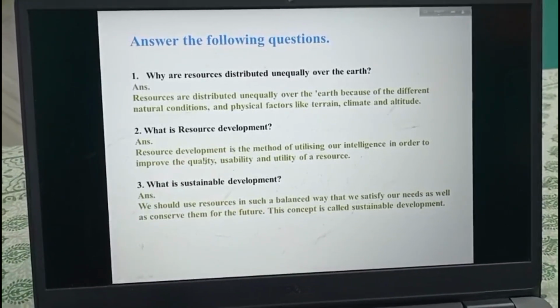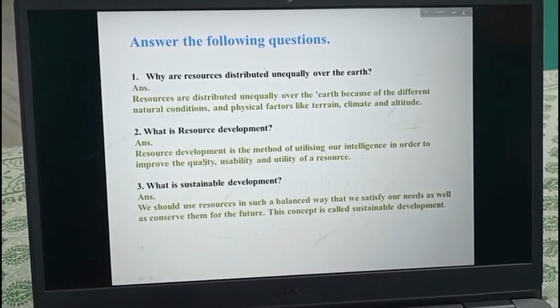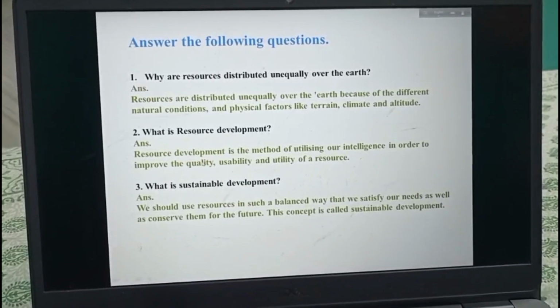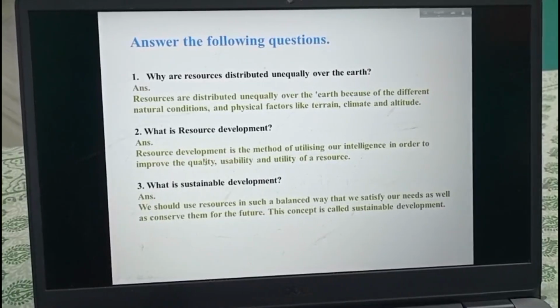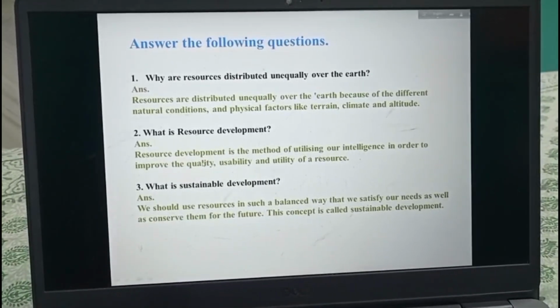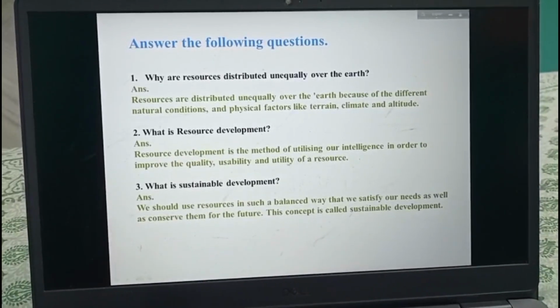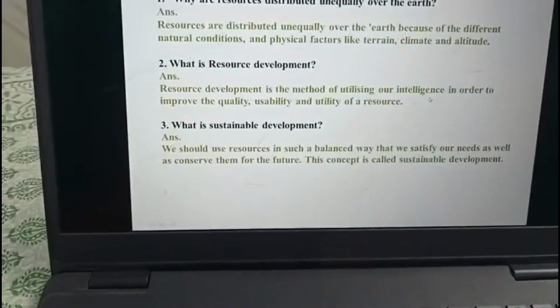What is the concept of resource development? Resource development is the method of utilizing your intelligence in order to improve the quality, usability and utility of a resource. The three words are very important: quality, usability and utility of a resource.